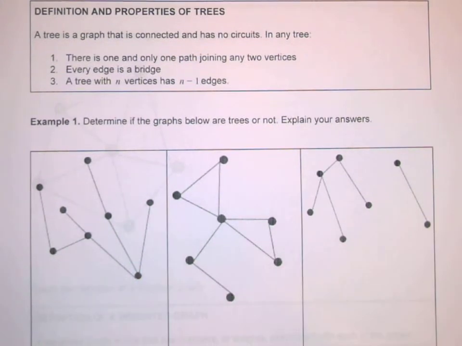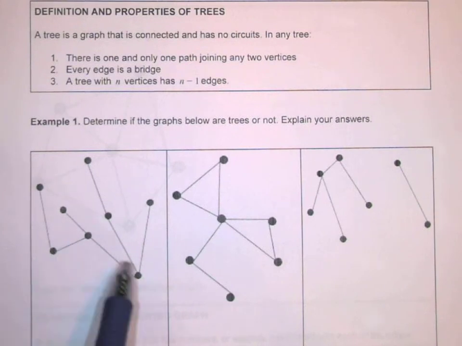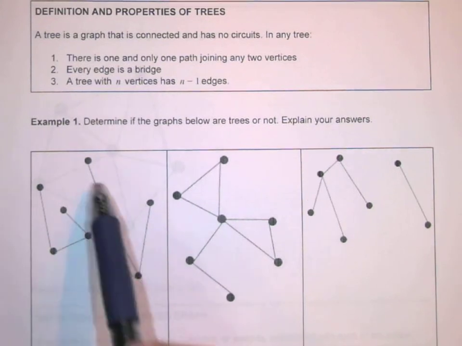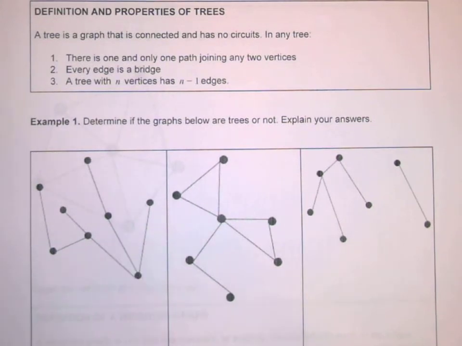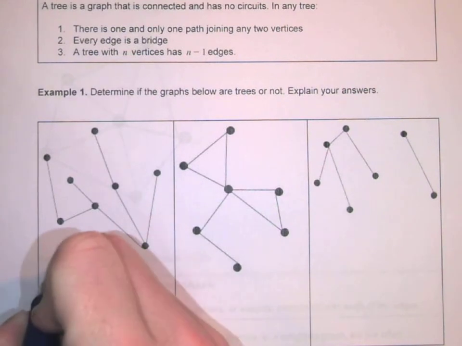The graph would no longer be connected. So yes, every edge is a bridge. And then how many vertices does this have? 1, 2, 3, 4, 5, 6, 7, 8. N equals 8. So we should have 7 edges. 1, 2, 3, 4, 5, 6, 7. And we do. So yes, this first one on the left is a tree.